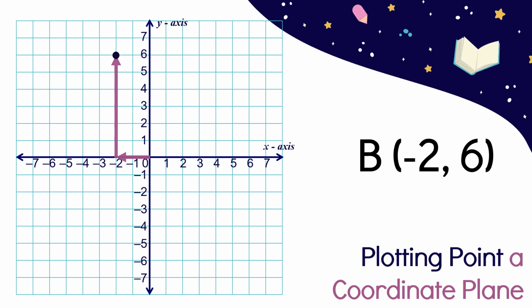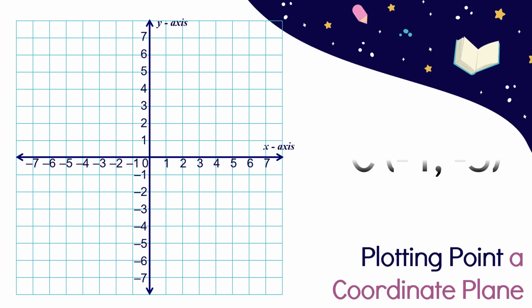Then we place a point, and that is point B. Next, we have point C. We have negative 1, so we are going to move to the left. Then negative 5 downwards. So we have here point C.